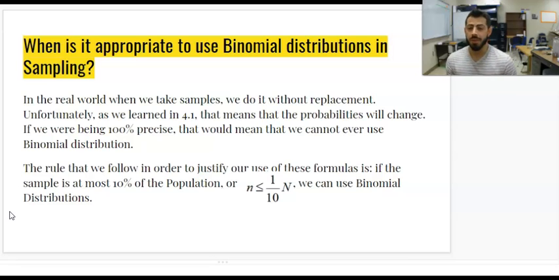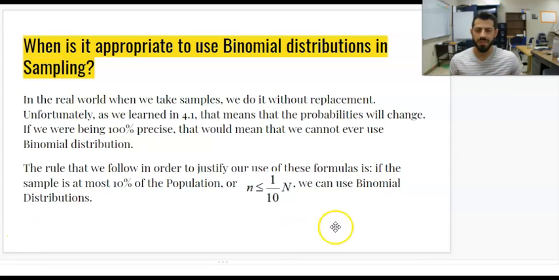So the rule that we use to justify the use of our formulas is that if the sample is at most 10% of the population, then we can use binomial distributions to describe populations. So if we're asked to use a sample to describe a population, as long as our sample isn't more than 10% of our population, then we're not going to change the probability of any one trial enough to notice.